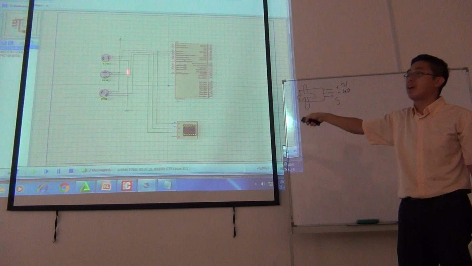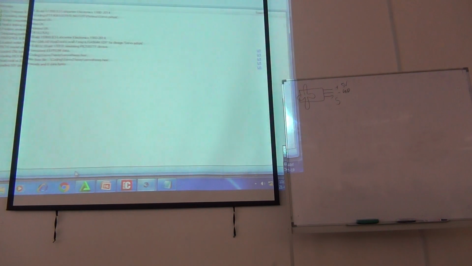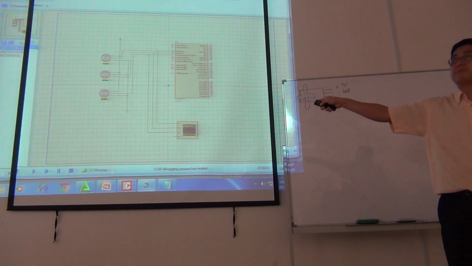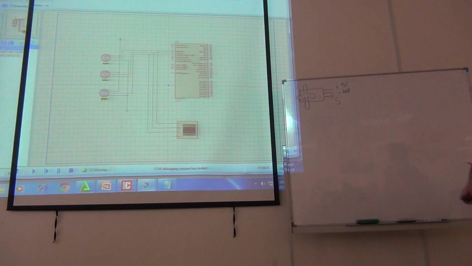So this is already running. Let's look at the position by default. I start this one first. This is all the position before I give the PWM. There are 3 positions here, all at the same position. So I run this one first. Look at the positions of the servo motors.